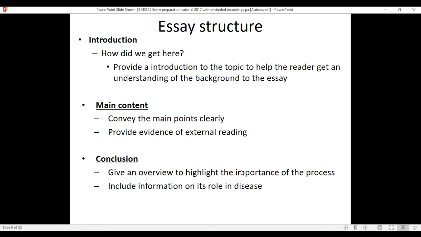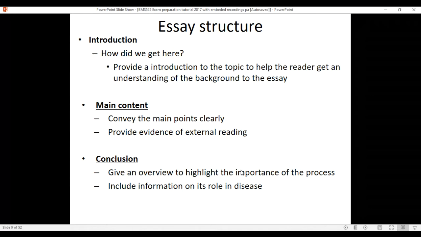And what I'd like you to do is to give me an introduction to the topic being discussed. And we'll have a few examples of how to do this. You'll be asked to provide an introduction to the topic to help the reader get an understanding of the background of the essay. And again, we'll cover critical details of that in the next few slides.